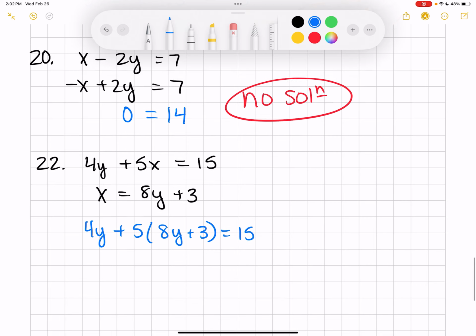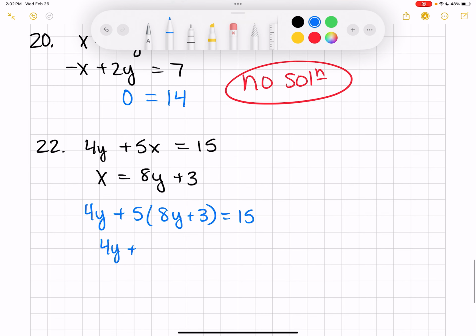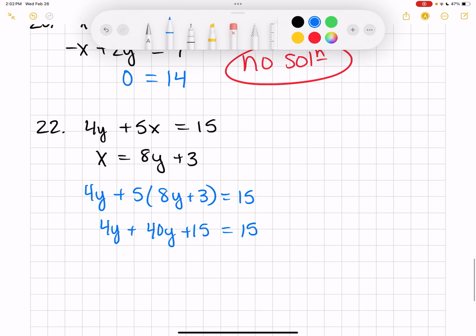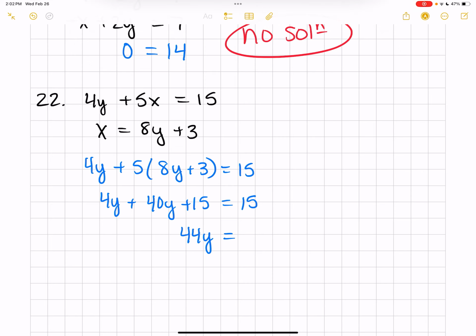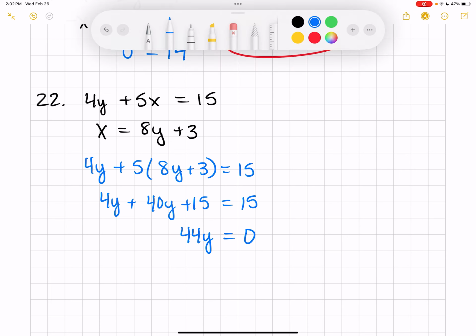So 4y plus 40y plus 15 equals 15. So combine like terms, 44y equals, and I'm going to subtract this 15 over 0. So y equals 0. Now I take this and I plug it into this equation. So x equals 8 times 0 plus 3. So x equals 3. Now, how do I write my answer? 3, 0. Yes, as an ordered pair.